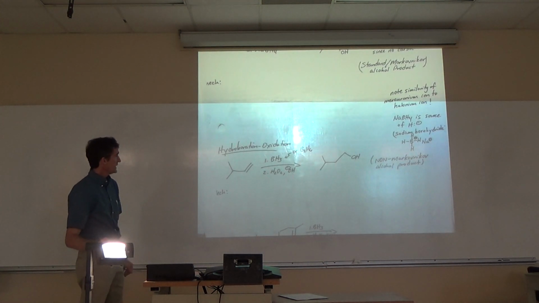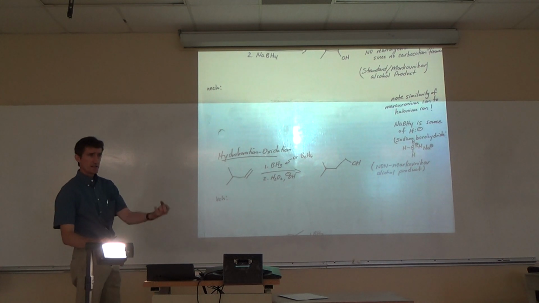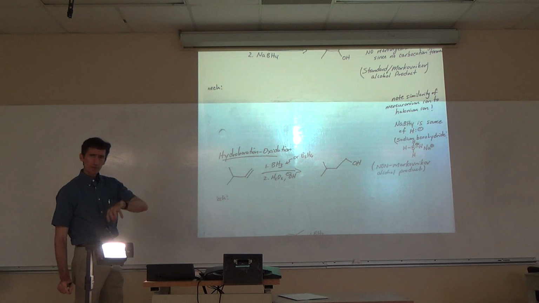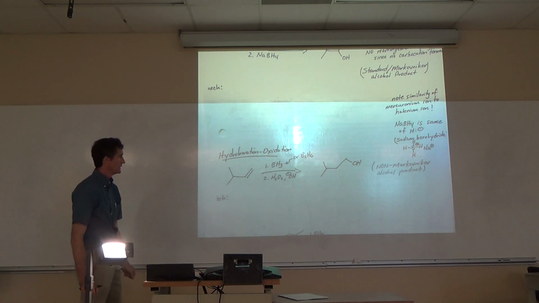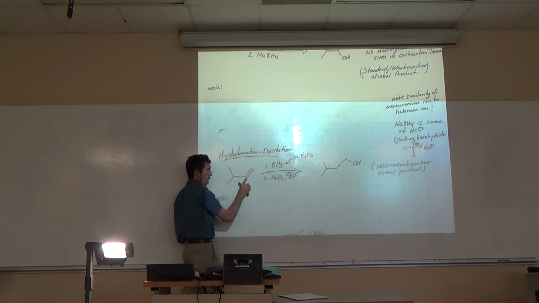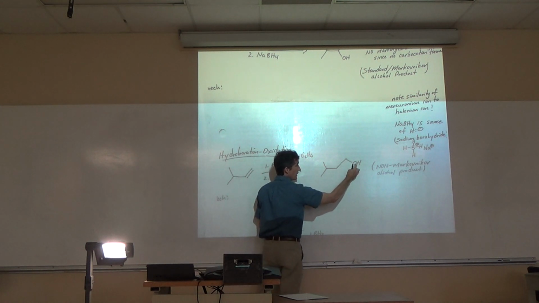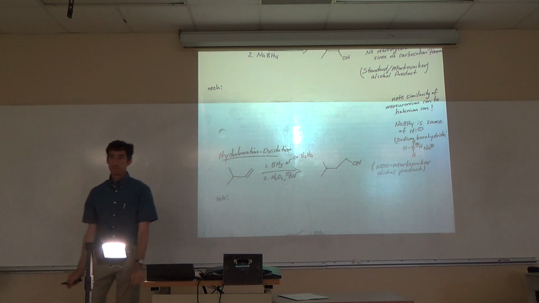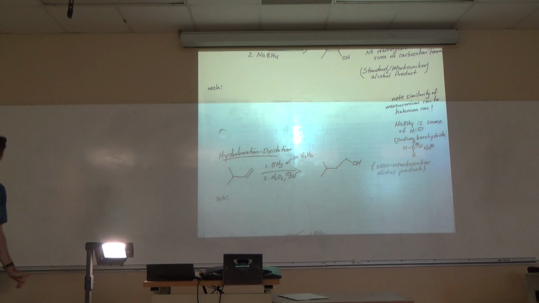Okay, next reaction is another way to hydrate an alkene, but this one, interestingly, gives reverse regiochemistry. Same up here. Instead of the water being bonded here, which is where cation might be formed if it was, the water ends up bonded on the outside, the other carbon. That's reverse of what we would expect.